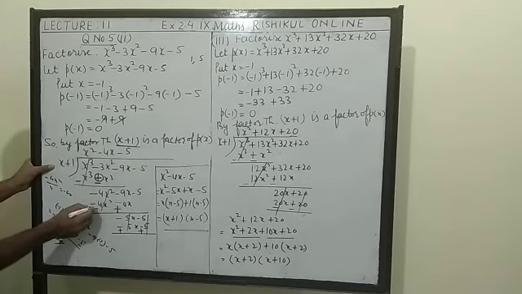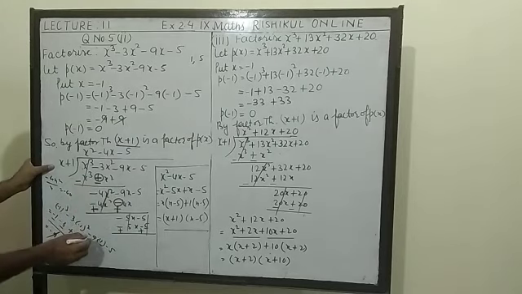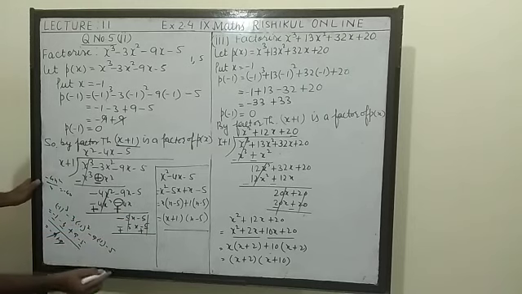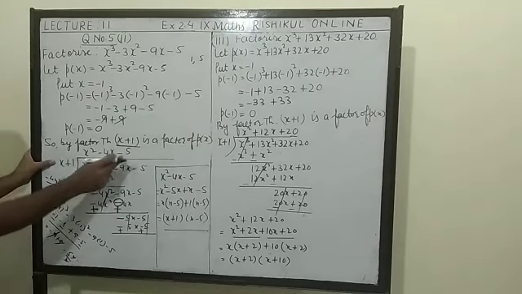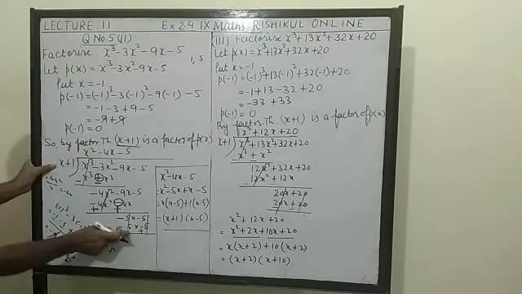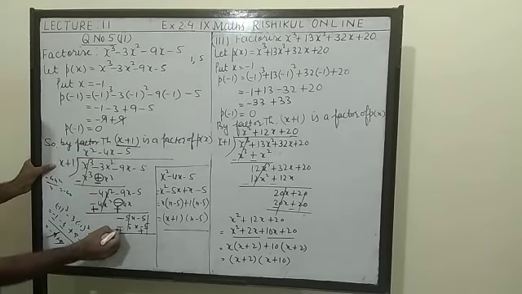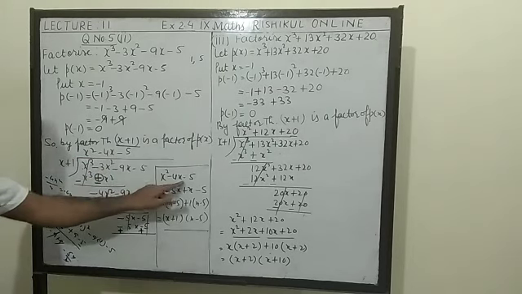Sign will change and they cancel out, minus 9x plus 4x gives minus 5x. Bring down minus 5. Then minus 5x divided by x gives minus 5, minus 5 into x plus 1 is minus 5x minus 5. Change the sign and they cancel out. Then you split the middle term of this quotient x square minus 4x minus 5.